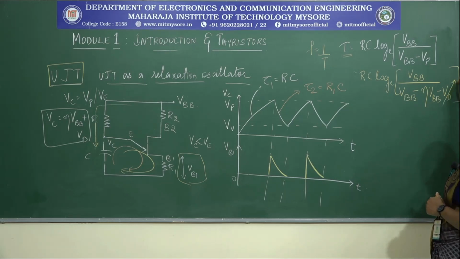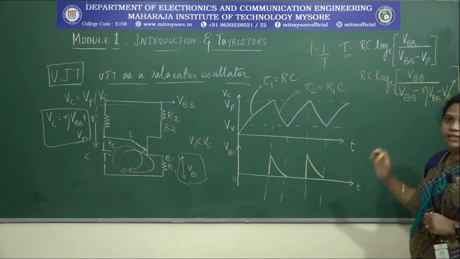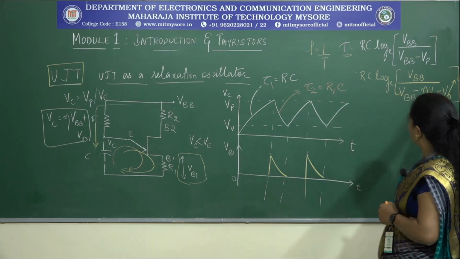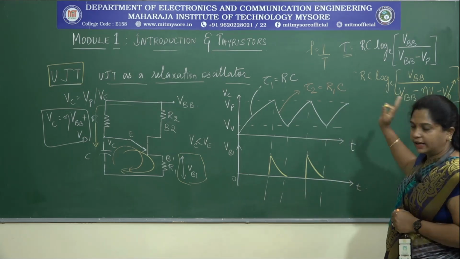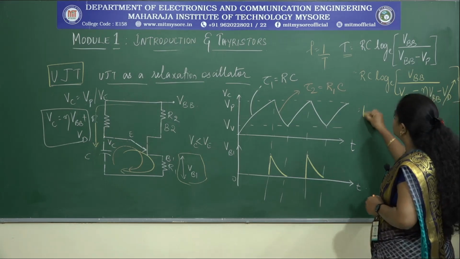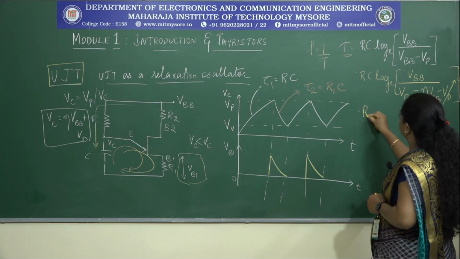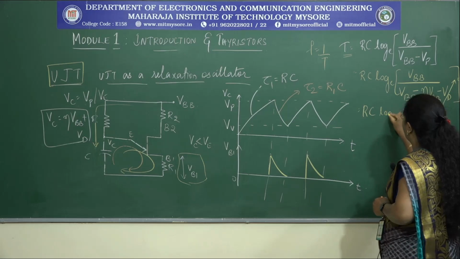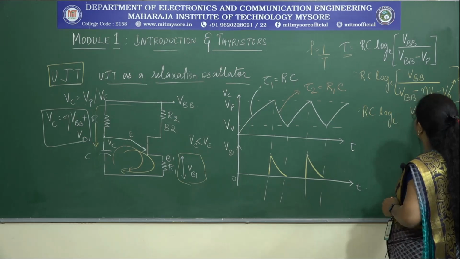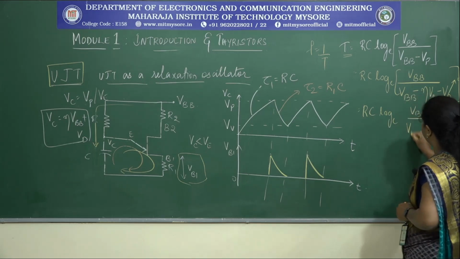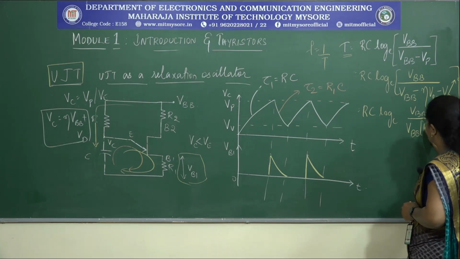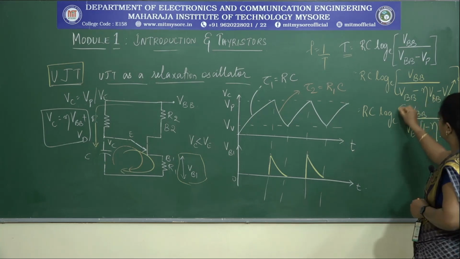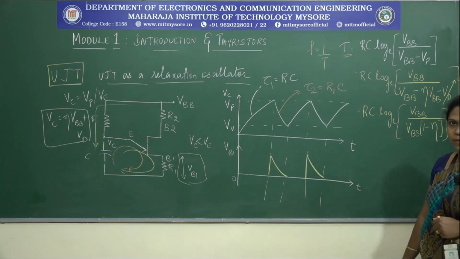Now we know that this diode drop is a fixed, very small value, 0.6 or 0.7. So we can neglect the value of the diode. So RC log e of VBB divided by VBB, if you take it outside, 1 minus eta is common here.